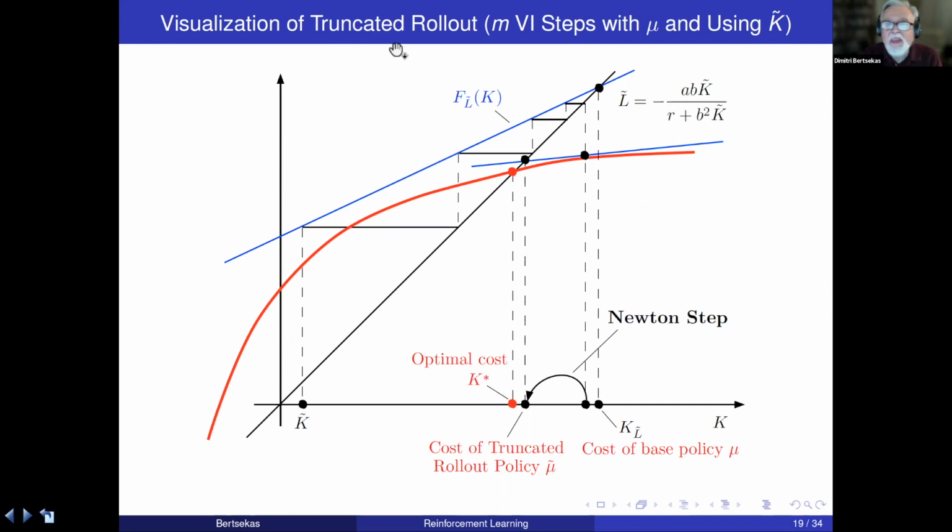And the value iteration steps have the advantage that they push you towards the right, towards KL tilde, so they push you into the region of stability. So in this case, the truncated rollout not only improves the starting point for the Newton step, but also enhances the stability of the look-ahead policy. It's more likely that you will get a stable look-ahead policy if you choose a large number of value iteration steps.